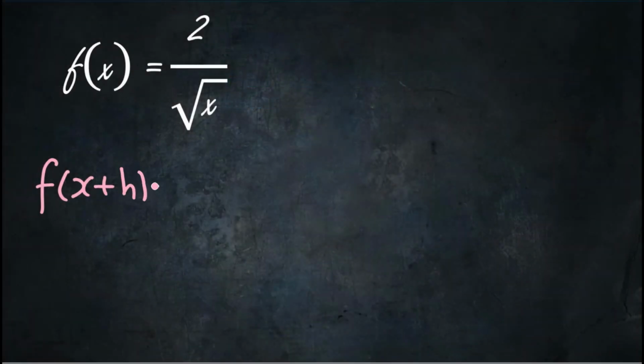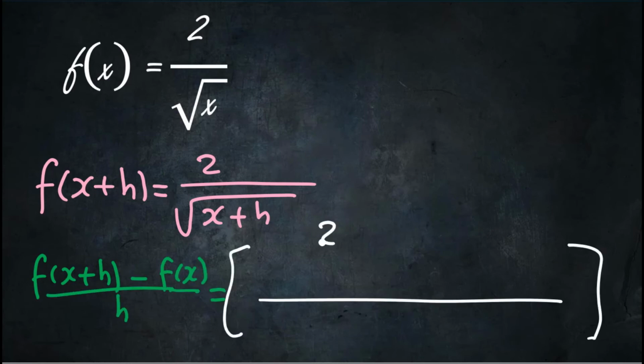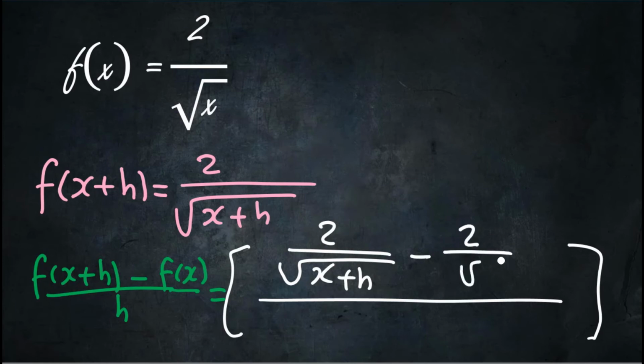F of x plus h is 2 over root of x plus h. So f of x plus h minus f of x over h is 2 over root of x plus h minus f of x, 2 over root of x, over h.